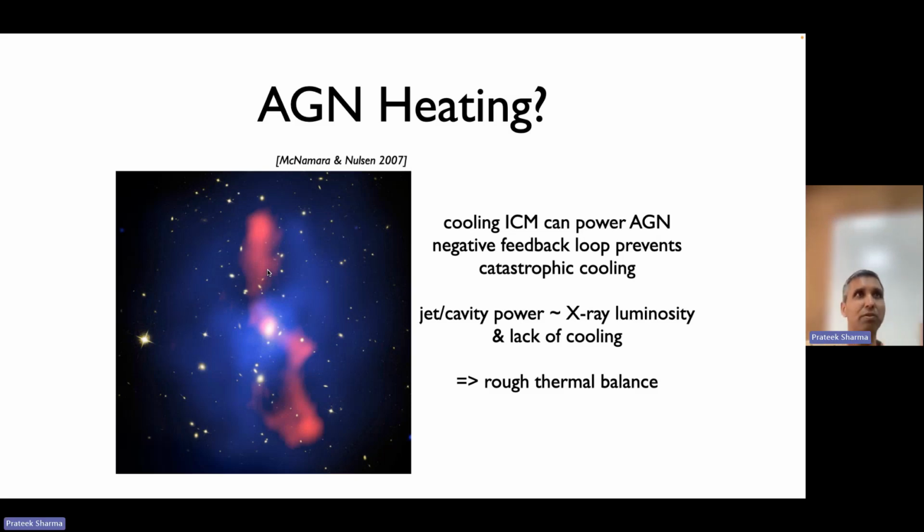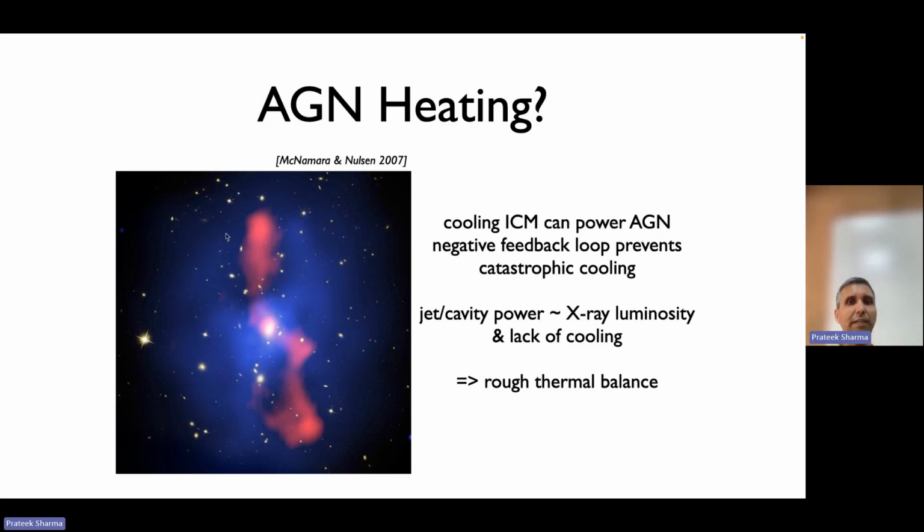The power due to these jets is roughly of similar magnitude as n squared lambda dV. That's the total losses. n squared lambda is energy loss due to radiative cooling per unit volume per unit time. If you multiply it by the volume of the dense ICM, you get energy loss per unit time.